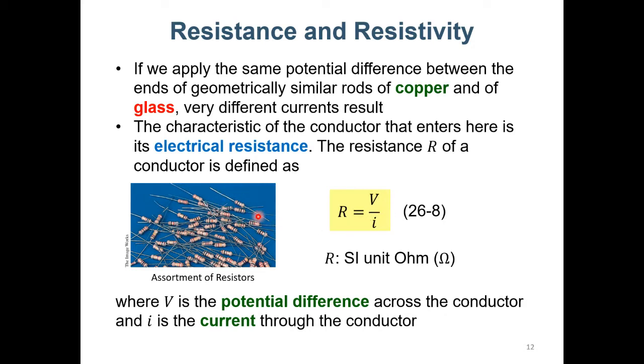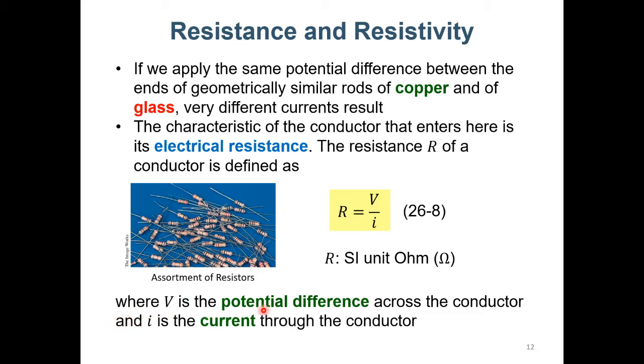And for a given material and geometric structure, the ratio is a fixed number. We call it the resistance. The SI unit for the resistance is of course ohm. And actually we know this formula is called Ohm's law.